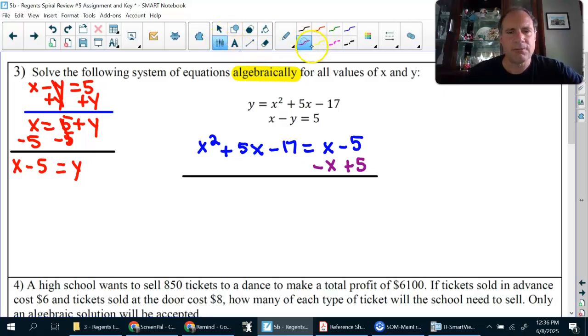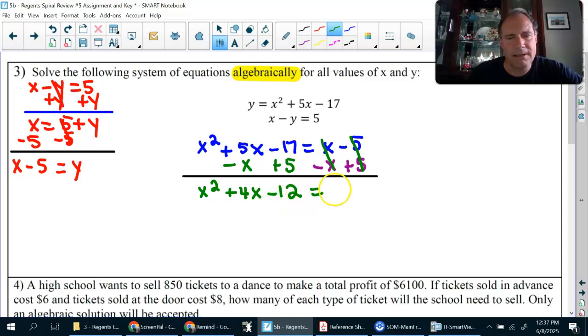Because if I get a trinomial, maybe I could factor it into 2 binomials. So I'm going to subtract the x over here and add the 5 here because they're like terms. So this becomes x squared plus 4x minus 12, and that all equals 0.